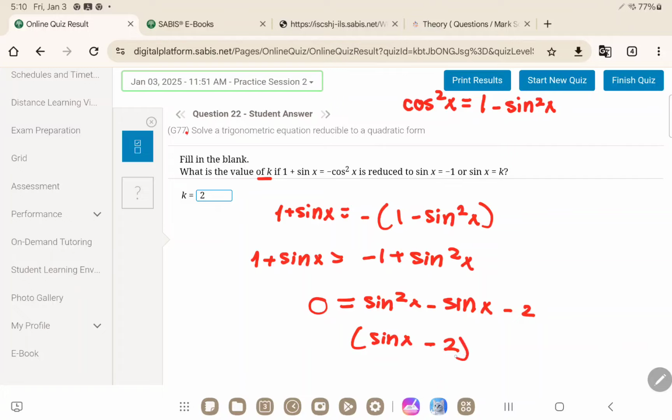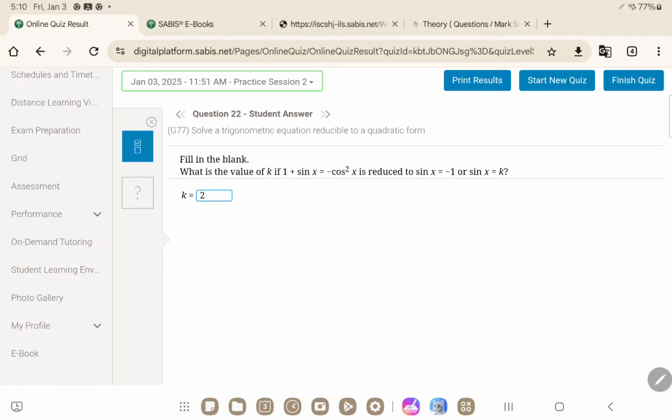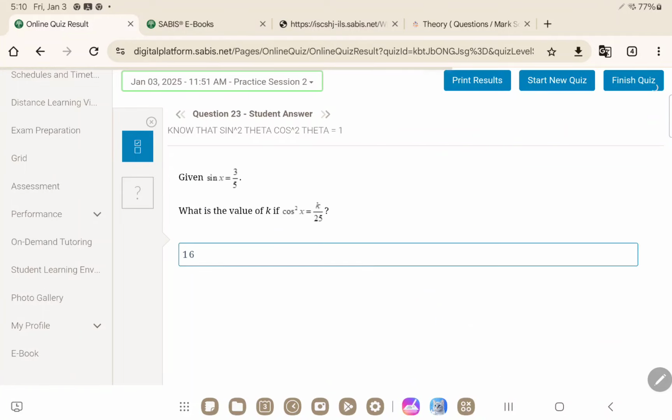So sine x minus 2 times sine x plus 1 gives us 0. So sine x here has to be 2 and sine x here has to be negative 1. So sine x could be 2 or negative 1. They gave us the negative 1 here, so our only answer left is 2.